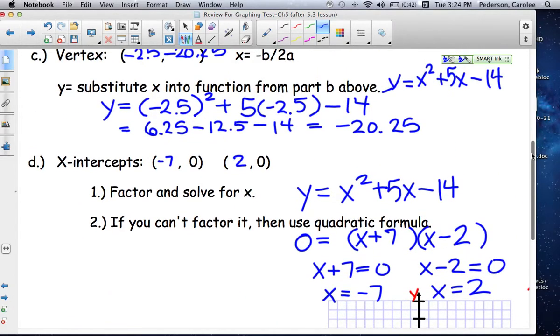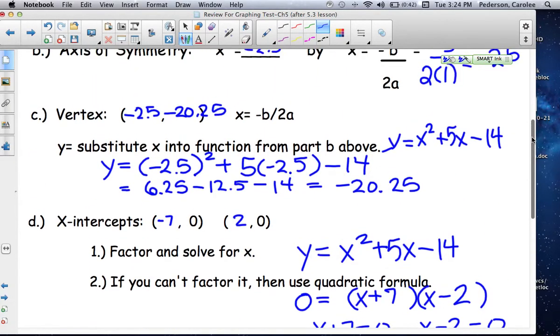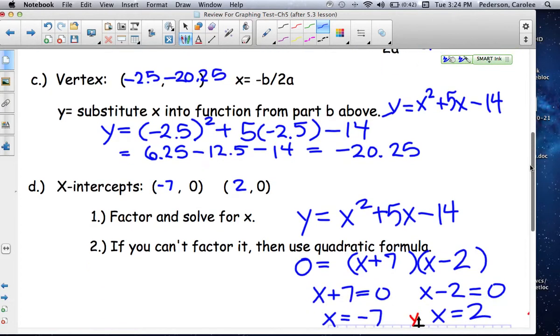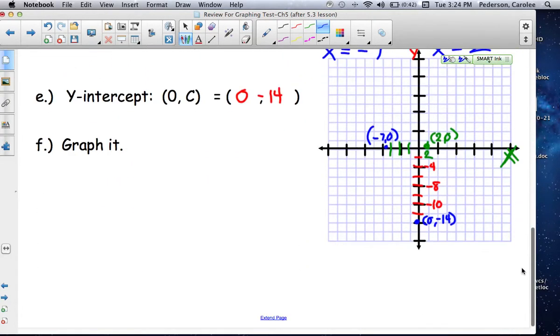If we move up, our vertex is negative 2.5, negative 20.25. So we're going to go negative 2.5 on the x-axis, and then down negative 20.25. So that's about here. We're a little bit off the graph. So that is our minimum point.